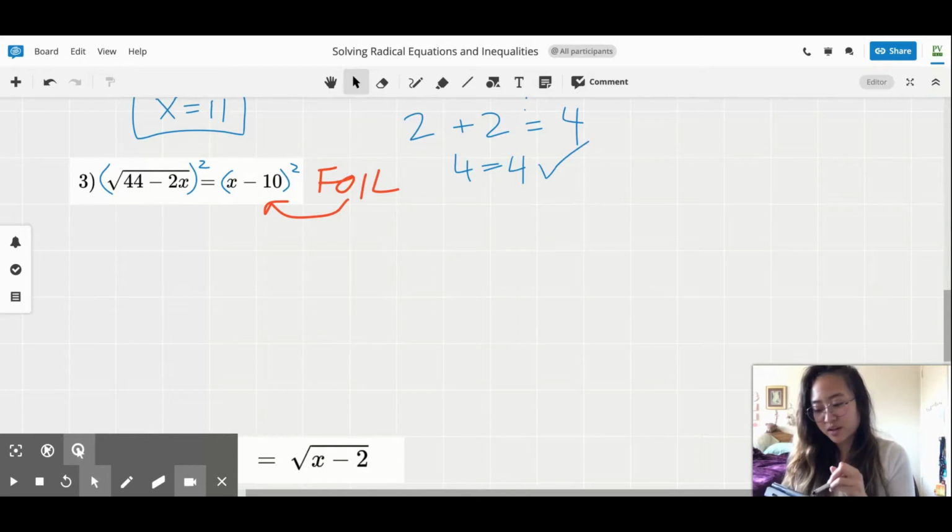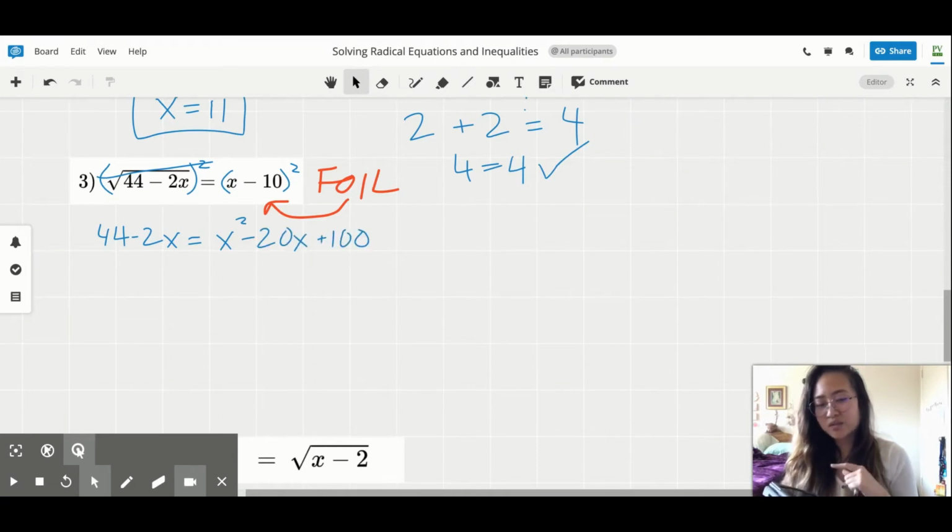So starting with the easy part, we can cancel out the square roots. We're left with 44 minus 2x, and foiling out the right side, we get x squared minus 20x plus 100.